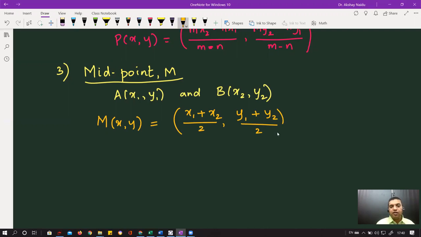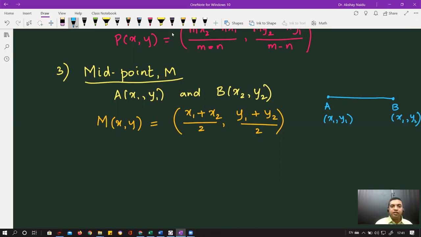This is the midpoint. Another way to look at the midpoint is using the section formula. This is point A, this is point B. This is x1, y1, this is x2, y2.